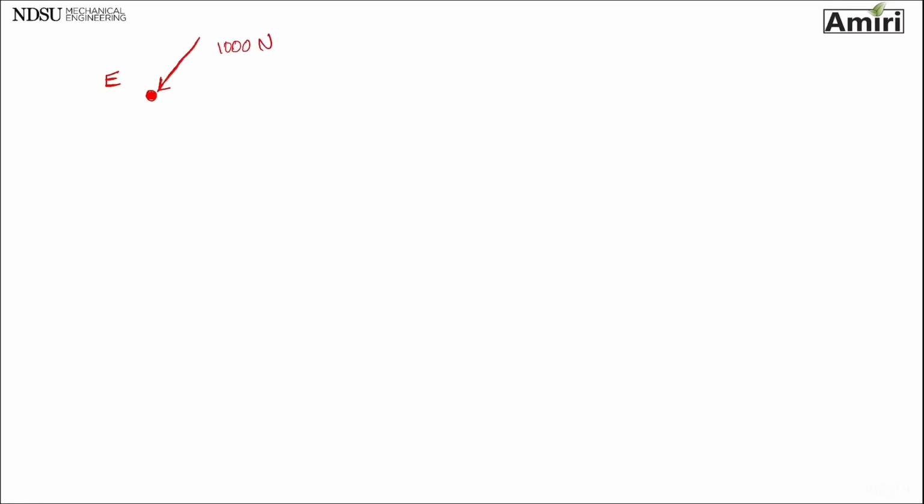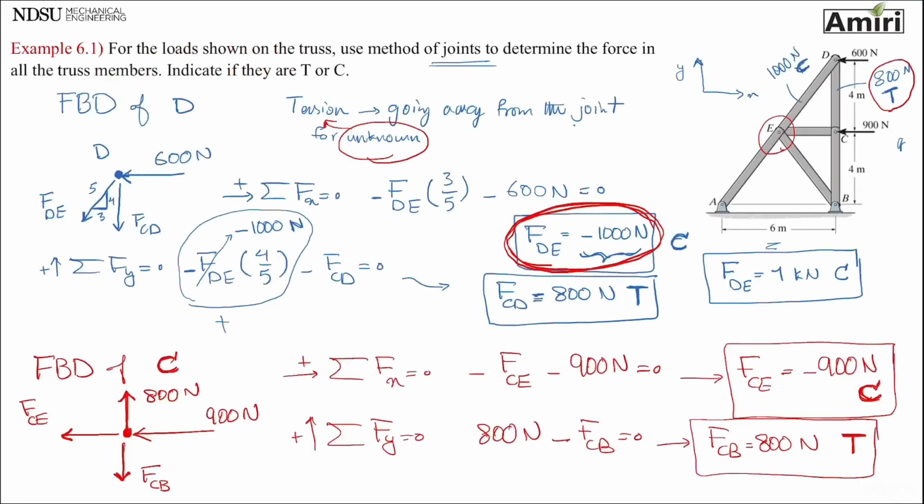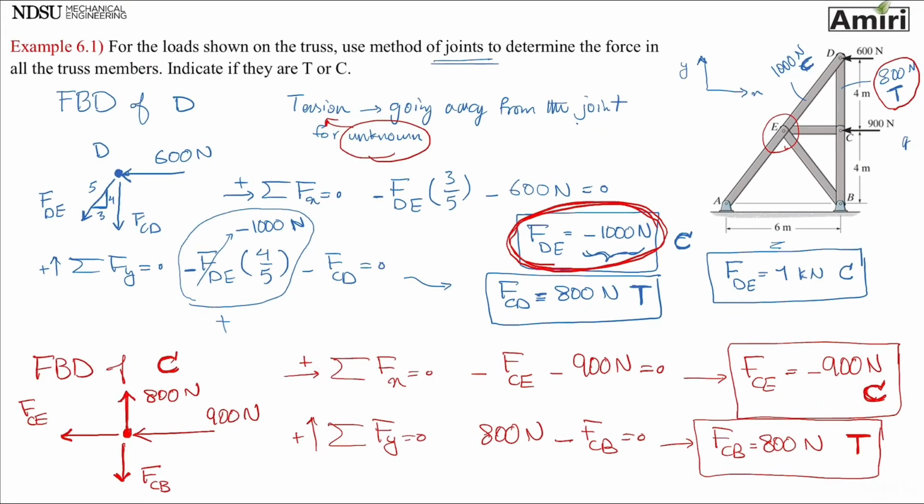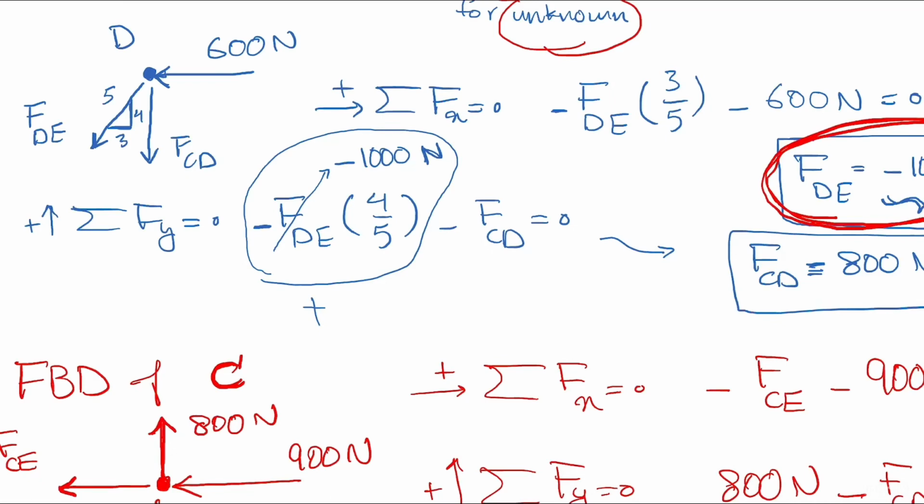I have a force of EA. Let's go back here. I have one force in the direction of EA. That's an unknown force for me, so I'm going to draw that as tension. I have a known force of EC.